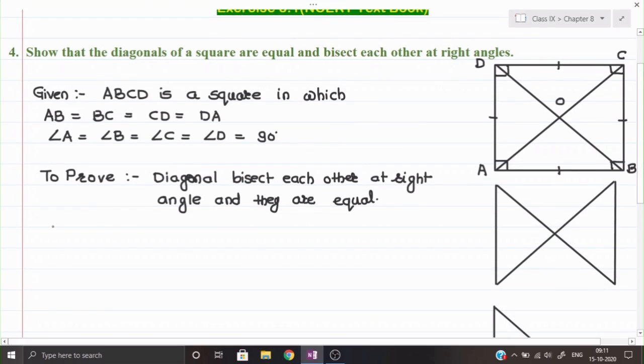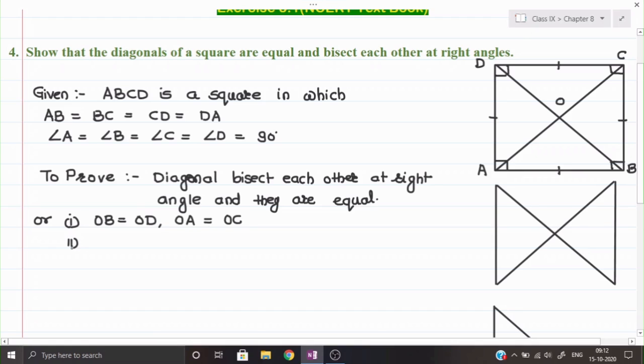First of all, the first part we shall prove here: diagonals bisect each other, means they are dividing into two equal parts. So we shall prove in this part OB is equal to OD, comma, OA is equal to OC.